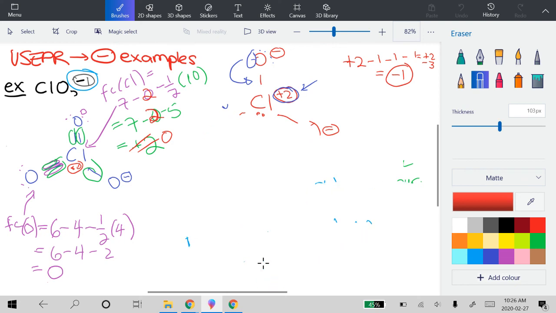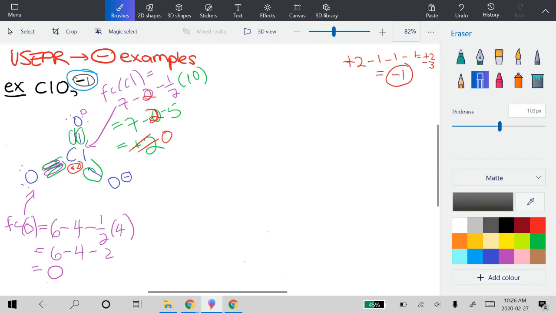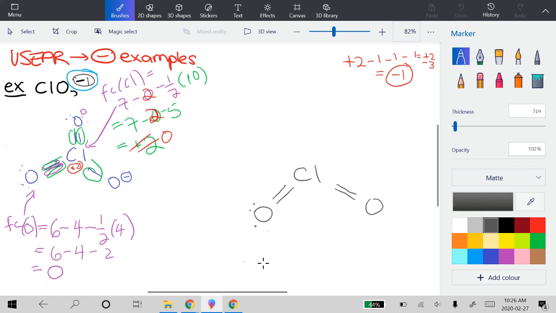So the final answer after all of that work, this is what you should have. Chlorine in the middle, double bond oxygen, double bond oxygen, and single bond oxygen. It doesn't matter which oxygens you choose for that double bond to exist at, because in reality, it's actually existing on all of them. So you just pick one and you run with it.